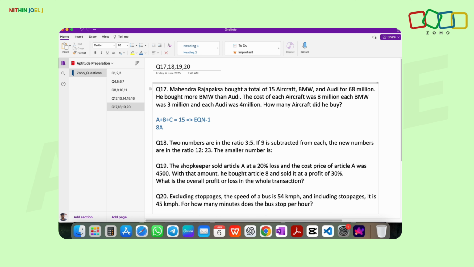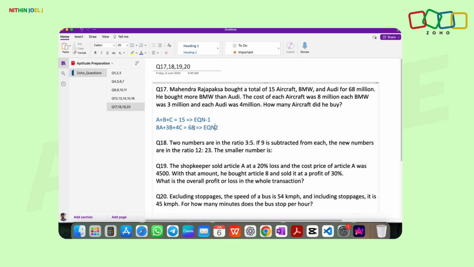Each BMW was 3 million, so plus 3B, and each Audi was 4 million, so 4C, which is equal to the total price of 68 million. So you have to equate this with 68. Now this is our equation 2.